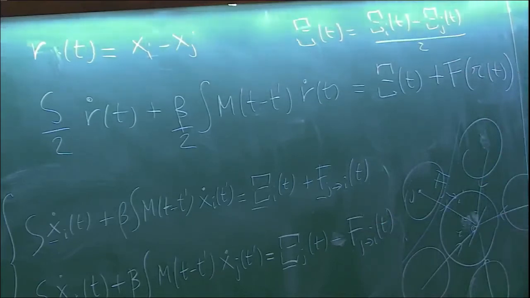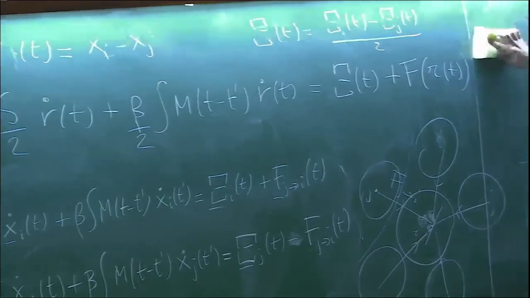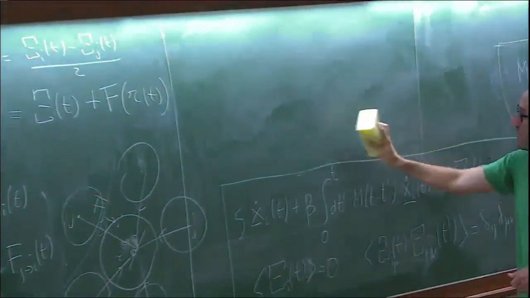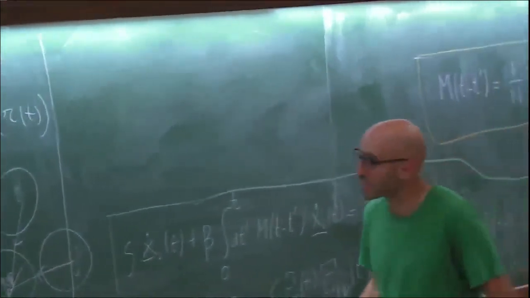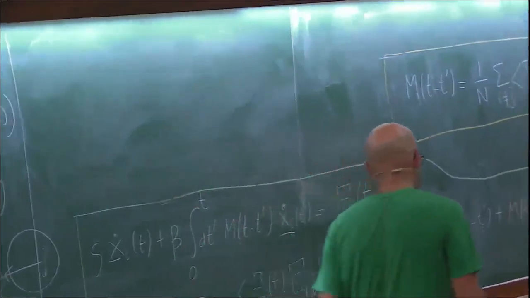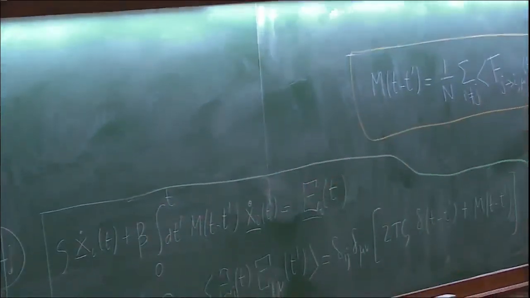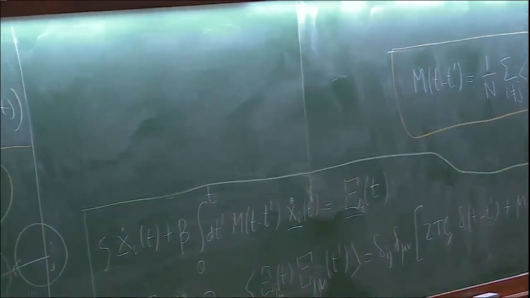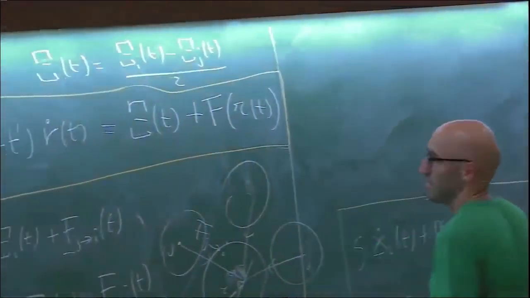From this point of view, in the equation for r, this is a contribution of order 1. So now I got an equation for the relative motion of two particles, which is this one, and the noises.